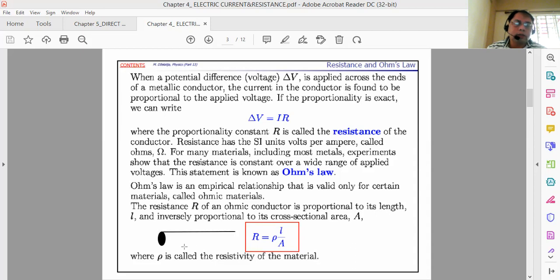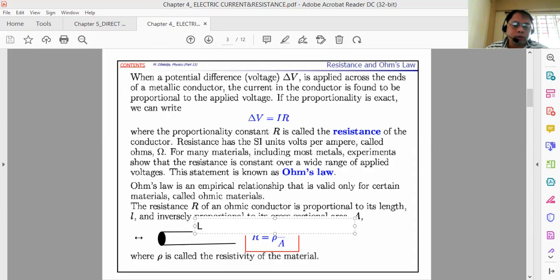Some wires are shorter. We have wires also that are designed to be really, really long. It depends on its use. So these two factors are length and the cross section. Our cross section is this circular portion in front. How big is that area?